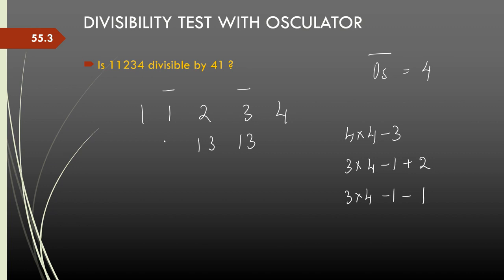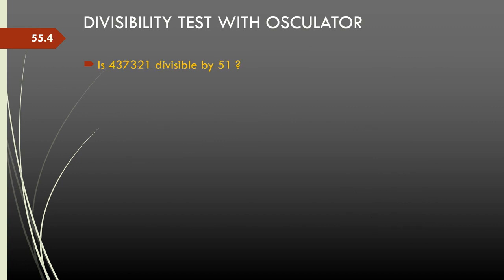So, 12 minus 2 is 10. Then 0 into 4 minus 1 and plus 1, that is 0. Since I got 0 again, this is divisible by 41. 0 is divisible by 41 and hence the given number is divisible by 41. It is actually much simpler than doing osculation with the positive osculator, as long as you are comfortable dealing with the negative numbers in between.